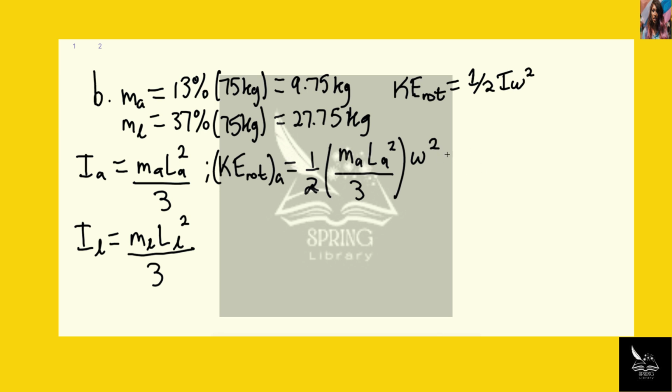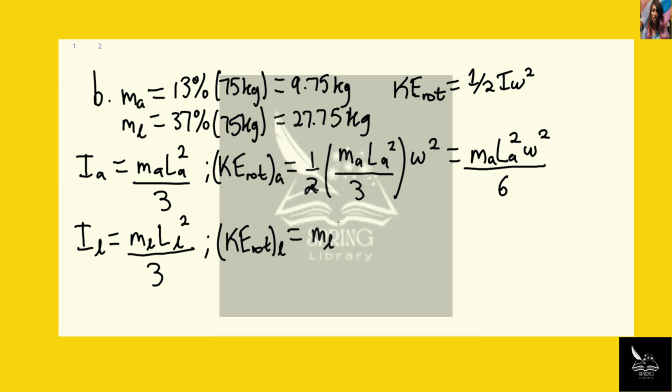And then we can solve and say that this is equal to mass of the arms times the length of the arms squared times omega squared all over 6. We can then say that the rotational kinetic energy of the legs is going to be the exact same thing: mass of the legs, length of the legs squared, omega squared all over 6.